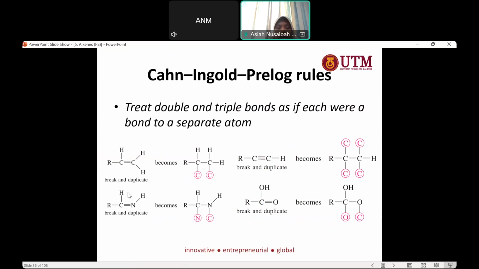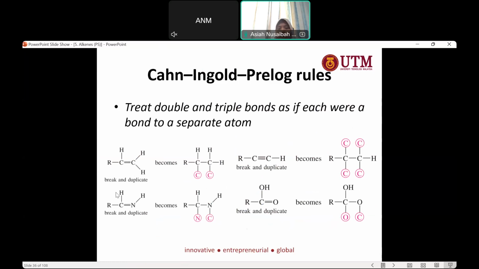On the top left here we have 2 C, which have the double bond. So what do we have to do? We have to break the bond and duplicate. What does it mean by duplicate? Compare the top and bottom in order to understand.